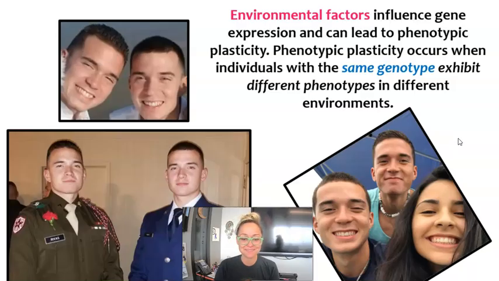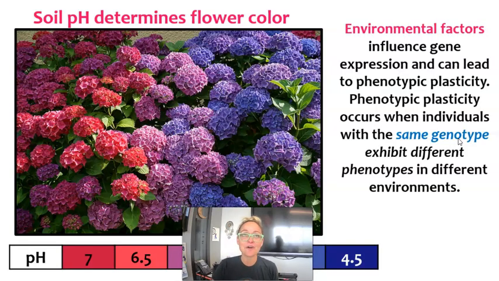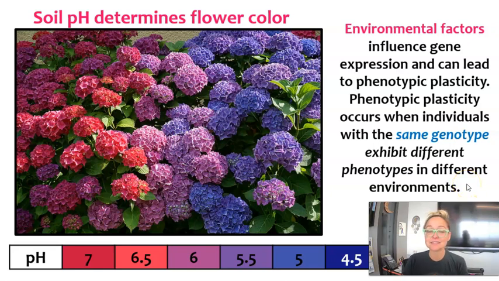All right, and then we have another example: hydrangeas, a type of flowering plant. Their flower color is not genetically based. Their flower color is dependent on the environment and the soil pH. Depending on what color hydrangeas you'd like in your yard, you can alter the pH of the soil.